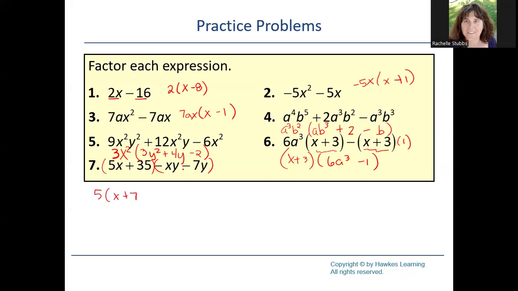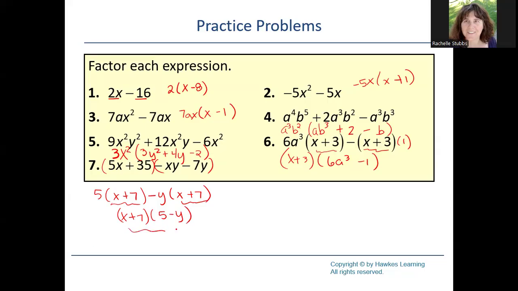And if I factor out a negative y, that leaves me x plus 7. And then my x plus 7 is my common binomial term. And I factor that out, and it leaves me 5 minus y in return.